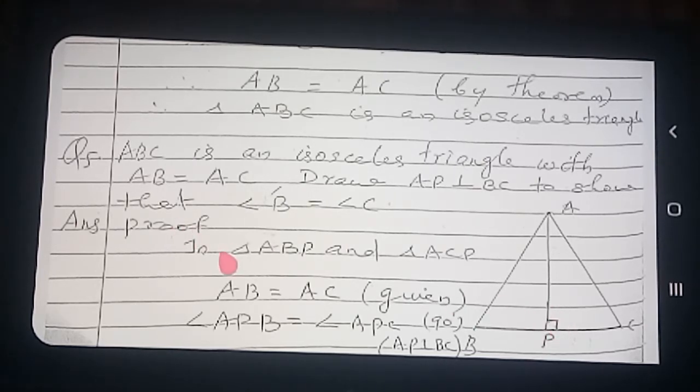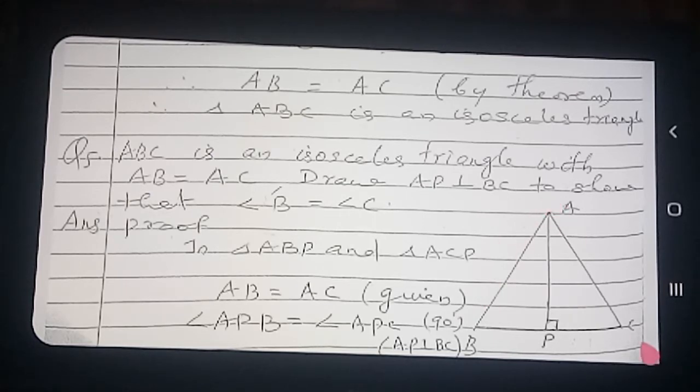Okay, see here. In triangle ABP and triangle ACP, which triangles are taken? You try to identify it. Triangle ABP and triangle ACP, two triangles are taken. So which two sides are equal?